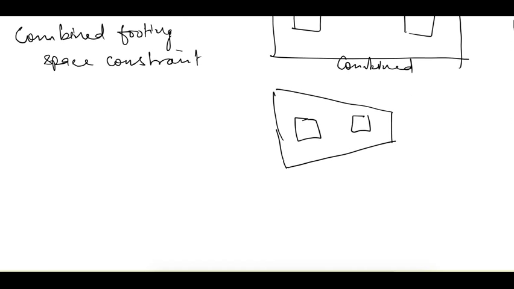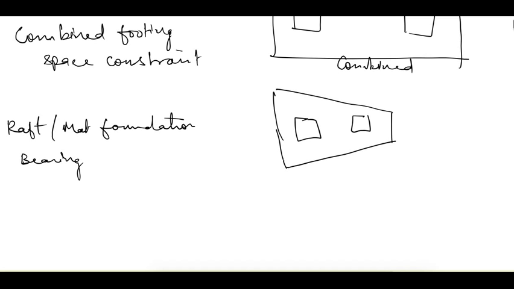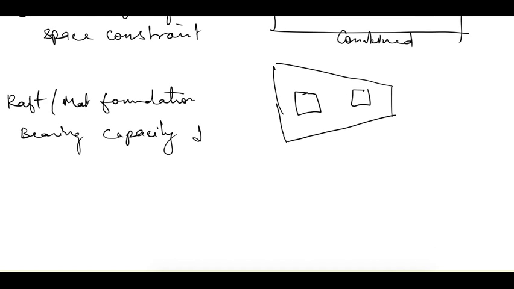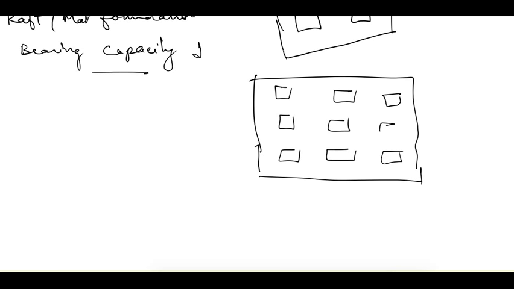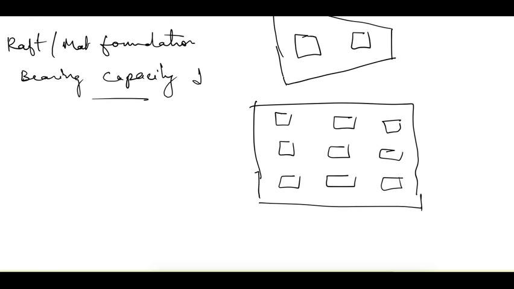After that, next is raft or mat foundation. When the bearing capacity is very low, that means the soil cannot carry much load, then we need very large area to carry these loads. So what is done in that case, the whole structural area in which the construction is done, so let's say these are the columns, all these columns are provided on a single footing, or we call it the raft or mat.